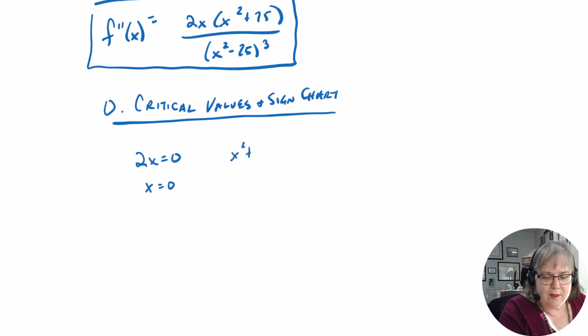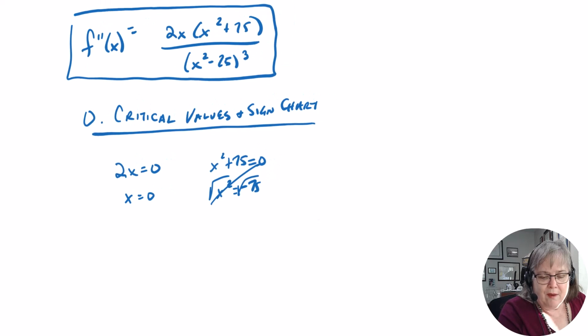X squared plus 75, well, that would be when x squared is equal to negative 75, which says this is a non-real answer if you square root both sides, so this is not contributing. Or when the denominator's undefined, which is when it's equal to 0, and this is our now very familiar plus or minus 5.